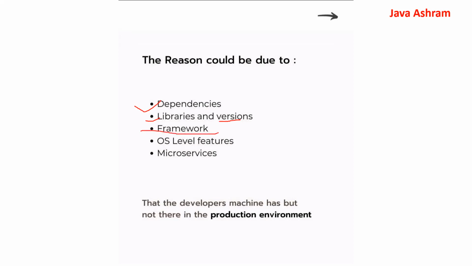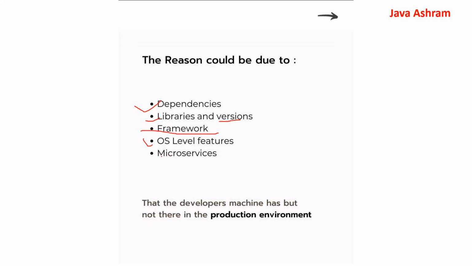The second reason could be the framework. In the lower environment you are using one framework, and in the upper environment you are using a different framework. You never know. Then the OS level features. Suppose you are using one Linux version in the dev environment, but a higher version in the production environment. That could be a mismatch also.